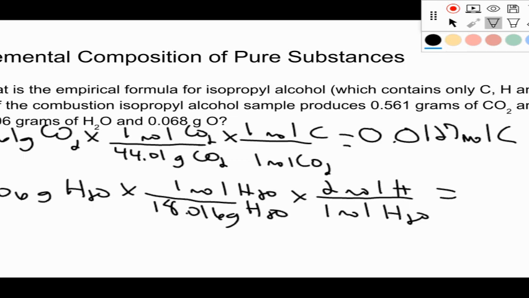And I end up with 0.0340, because of the way the sig figs make it round up. So 0.0340 mole hydrogen.